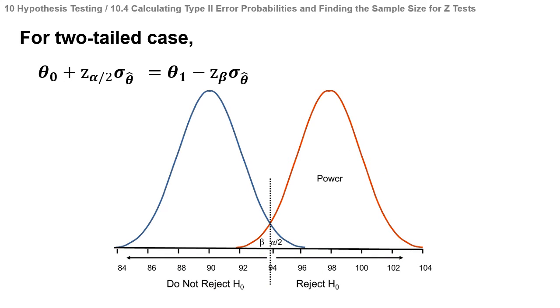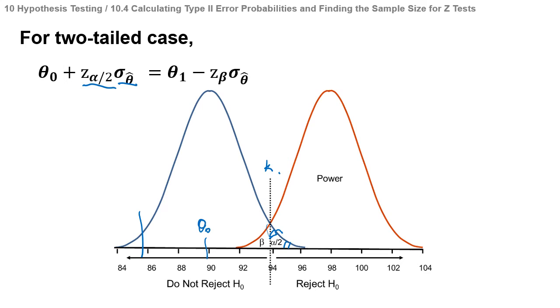Previously, I solved it for a one-tailed case. However, for the two-tailed case, the alpha here is alpha over 2, so this area is alpha over 2. If this part is theta 0, then this k is theta 0 plus z alpha over 2 times standard error of theta hat.